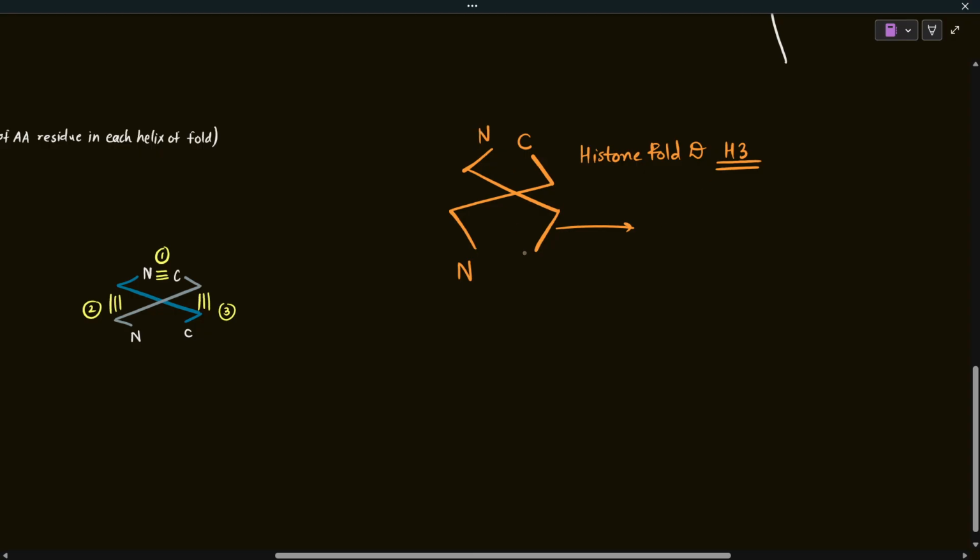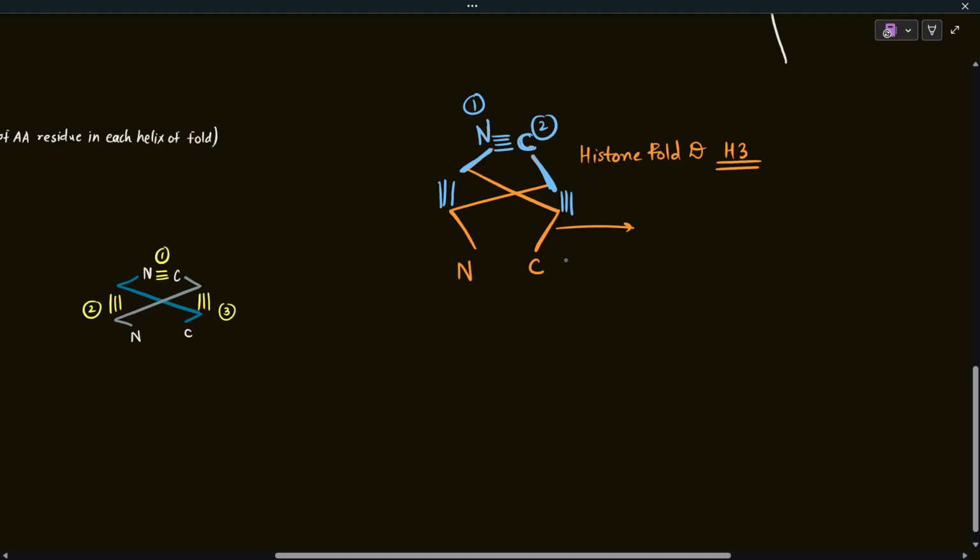The N terminal of one histone fold and the C terminal of the other histone fold interact with each other, as well as these parts interact with each other.